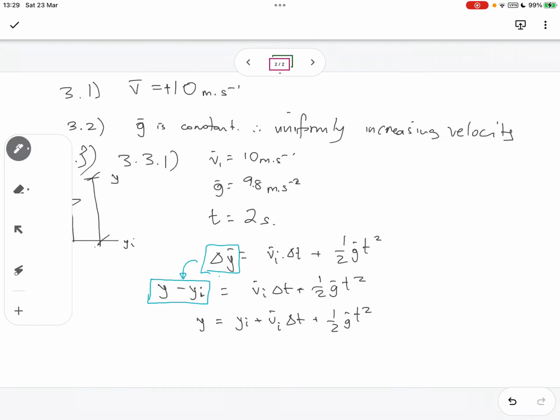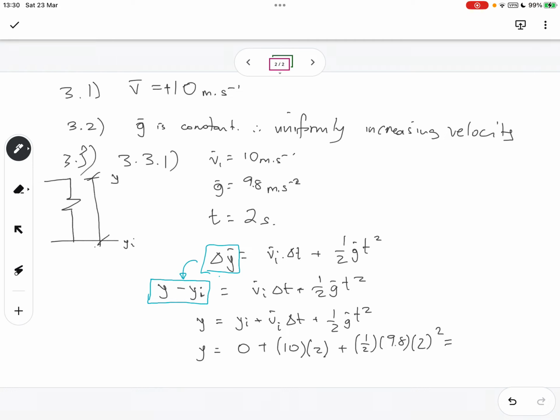So what that leaves us with is, we don't know this height, but we know that that is 0. We know that the initial velocity is 10. We know that the change in time is 2 seconds. And we've got a half times 9.8 times 2 to the power 2.